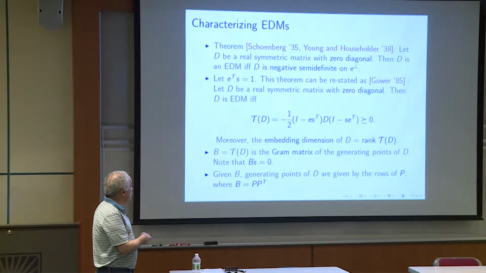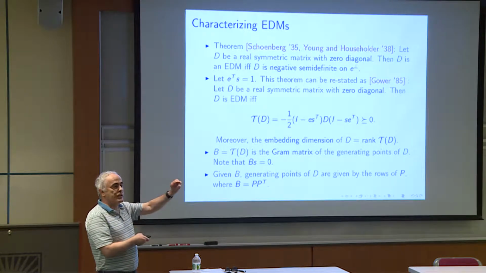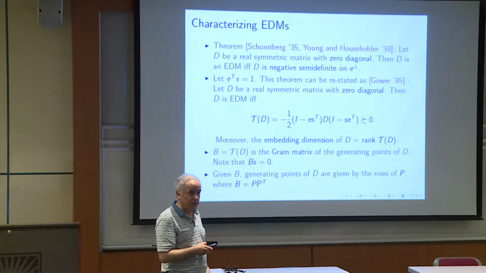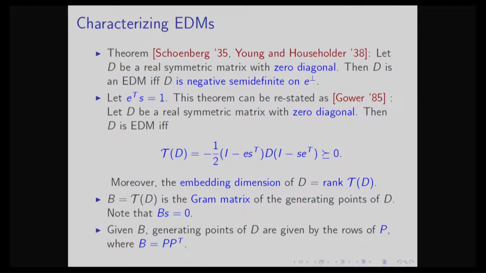And then the rows of P are the points which generate this distance matrix. And here P is n by R, if R is the rank of D. So we always work in the embedding dimension. That makes the math a little bit easier.